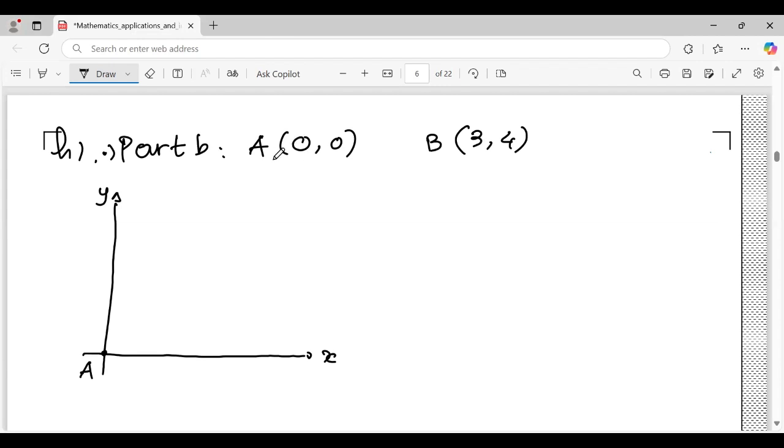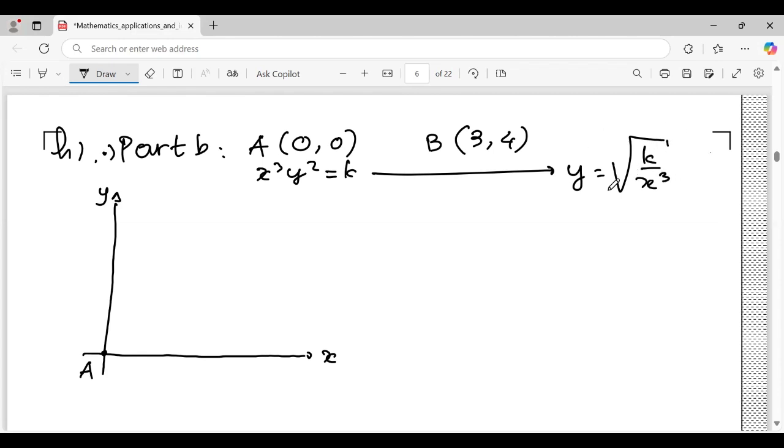The curve around here is x cubed y squared equals k, or y equals square root of k over x cubed. So now I have derived this.